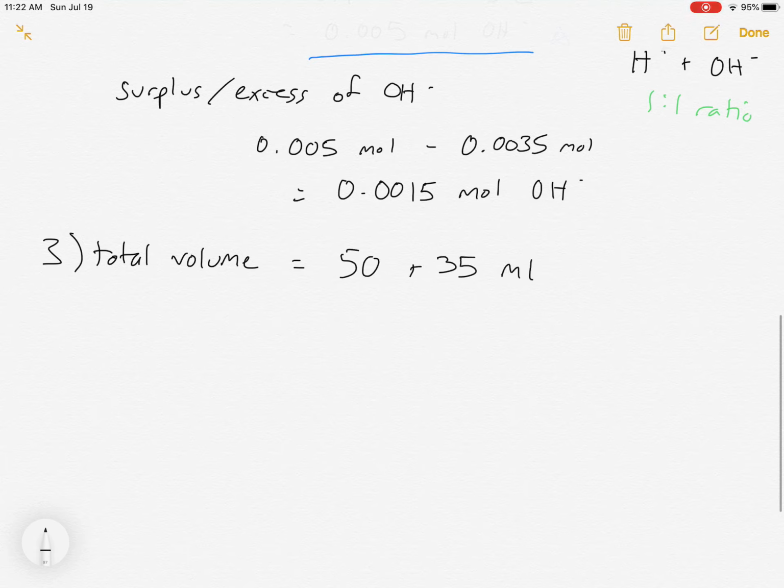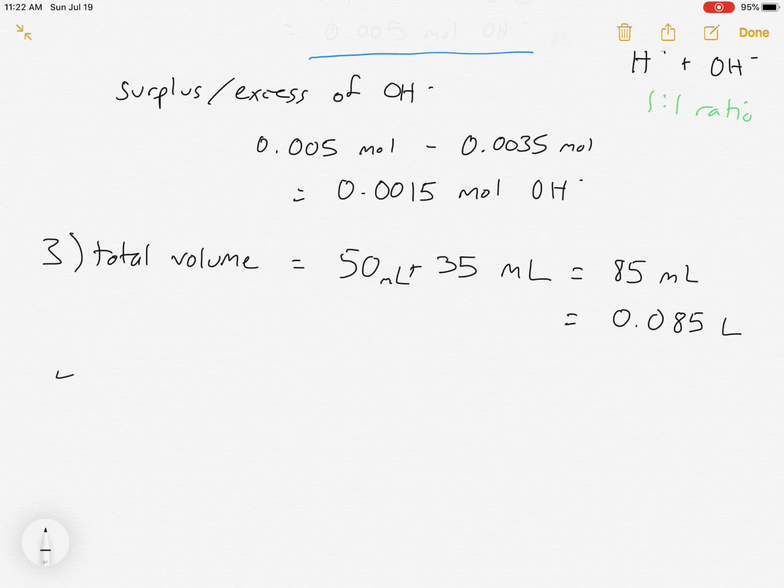Which means that the total volume of the final solution is going to be 85 milliliters, or 0.085 liters.